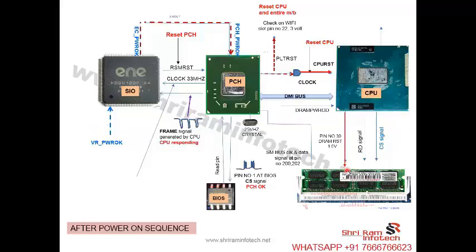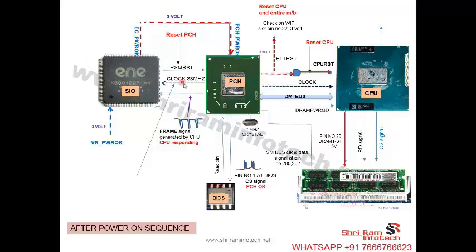other. Now there is a clock department inside the PCH which is connected to the 25 megahertz frequency clock, and this PCH starts generating the different frequencies within that chip. The clock will be generated like this. This clock is given to the CPU, and this clock goes to the different chips.